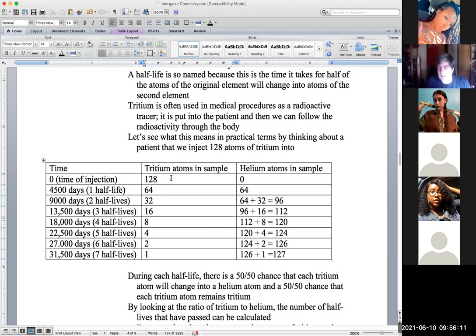If you could imagine that every tritium atom tosses a coin, and heads, it stays tritium, tails, it changes into helium. Well, you could flip a coin 128 times, you might not get exactly 64 heads and 64 tails. You'd probably get close, but you might not get exact. So this is on average what we see, but it's not what we see in every instance.